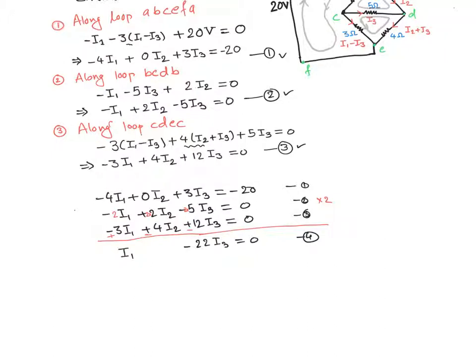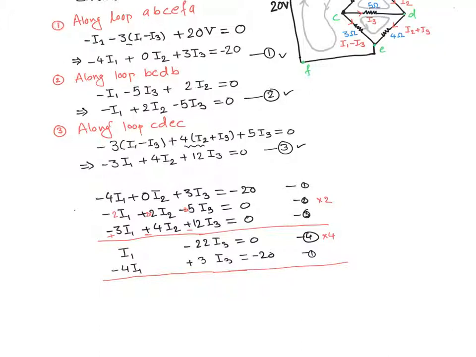Now let's rewrite equation 1 here. We have negative 4 I sub 1 and positive 3 I sub 3 equals negative 20. This is our equation 1. Now using equations 1 and 4, we can figure out I sub 3. So let's multiply equation 4 by 4 and add with equation 1.